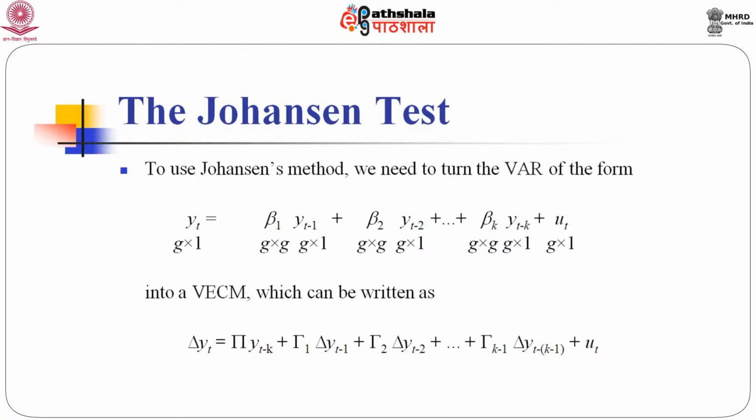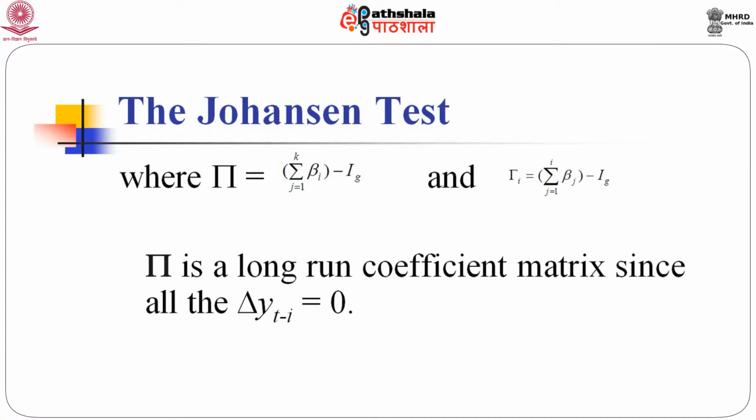Similarly, for the general case, from the VAR we can also get a vector error correction mechanism, written with pi times yt minus k up to pi k minus 1, along with the disturbance term ut, where you take the differences delta yt minus 1 up to delta yt minus k plus 1. Pi is the long-run coefficient matrix.